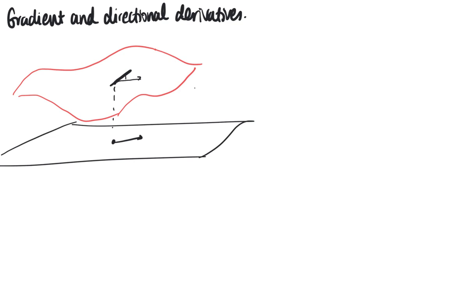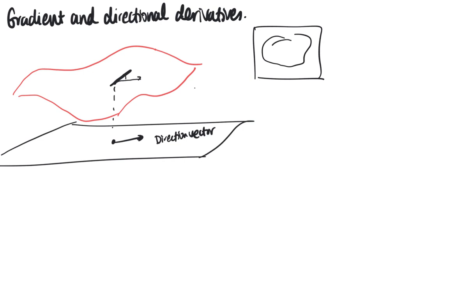So I'm given a direction vector that may live in the XY plane, but I want to find the slope of the surface moving in that direction. You might think about a topographical map that has different kinds of contour lines, and you're thinking about, okay, I'm walking around on a mountain.